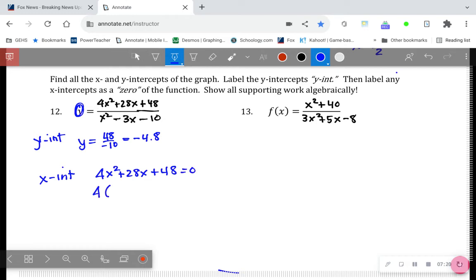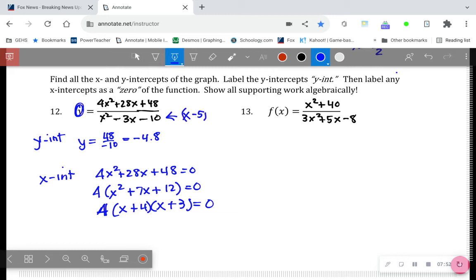Let's first of all pull out the 4. And you can see there's a 1 in front of the x squared now, so I'm going to take advantage of that and avoid having to use the star. Plus 4 and plus 3 is how this one works. And before you get too excited, you have to factor the bottom for a different reason. This bottom down here is x minus 5 and x plus 2.